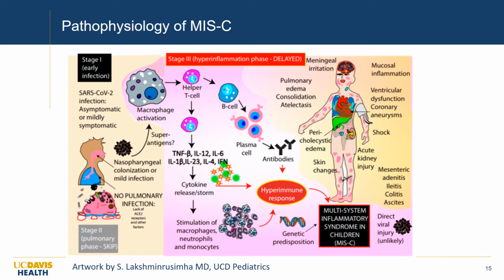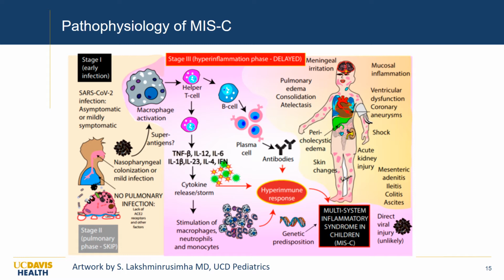So here on the left, you can see stage 1 is early acute infection. And so we know in pediatric patients that tends to be asymptomatic or mildly symptomatic. And the majority of them don't go on to have this pulmonary phase that we see in adults, where they, a week or two after infection, have a significant pulmonary component leading to hospitalization and need for mechanical ventilation. So they seem to sort of skip this phase.